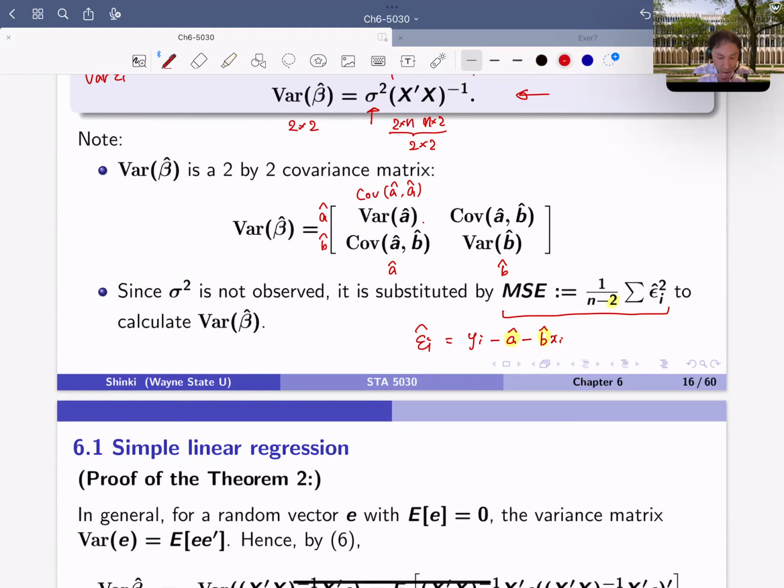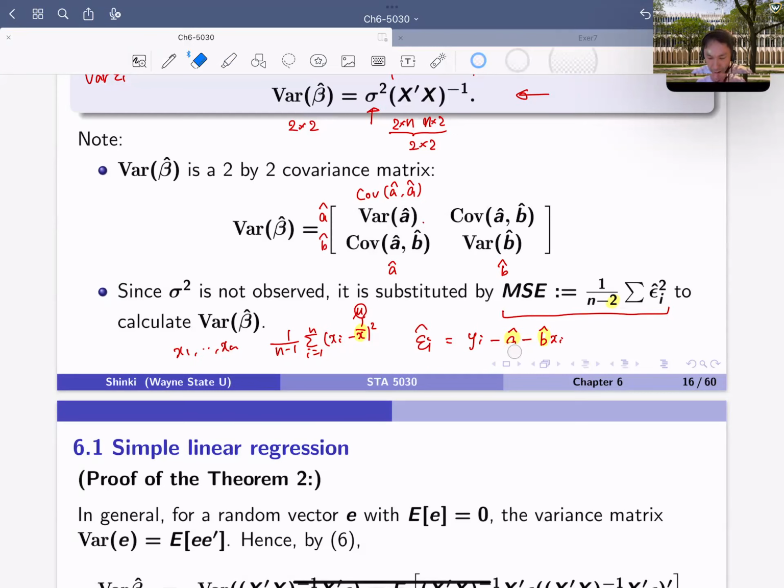So usually when we calculate the variance of x1 to xn, it is calculated by 1 over n minus 1 times the summation of xi minus x bar square. And why n minus 1? Basically because we replace the true mean mu by x bar, so we lose one piece of information. That's why we put the n minus 1.